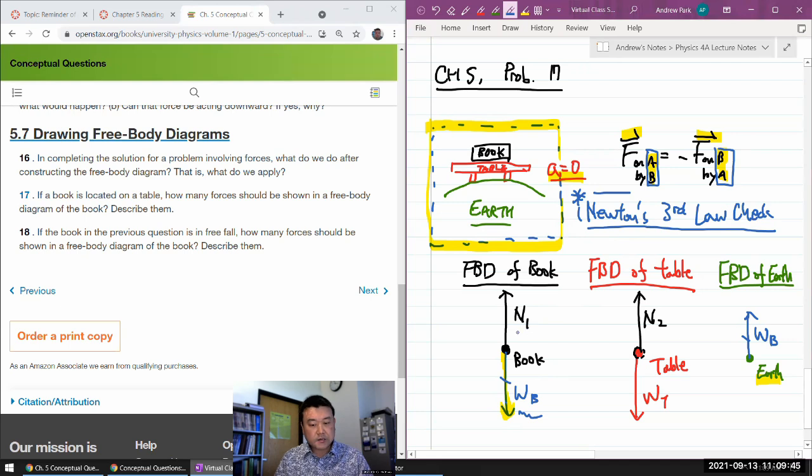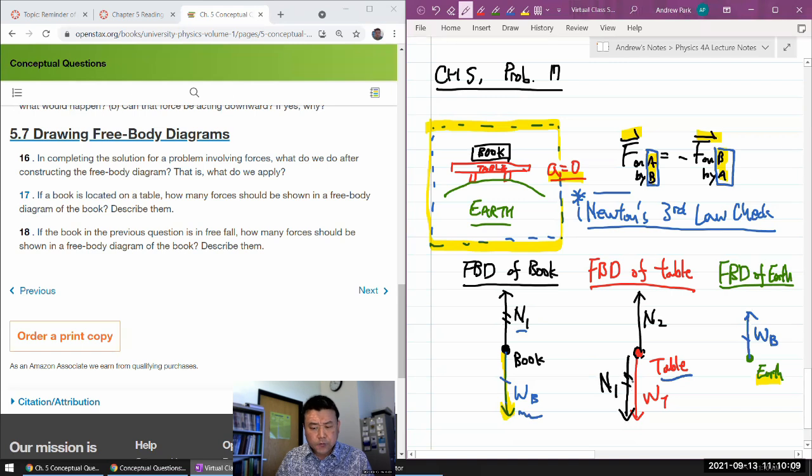So as I'm looking at this normal force, I'm asking myself, what object is exerting the normal force? And the book is resting on the table. So it's the table that's exerting the normal force. So there must be a reaction force pair to that force. So that's going to be a downward normal force on the table of magnitude N1.